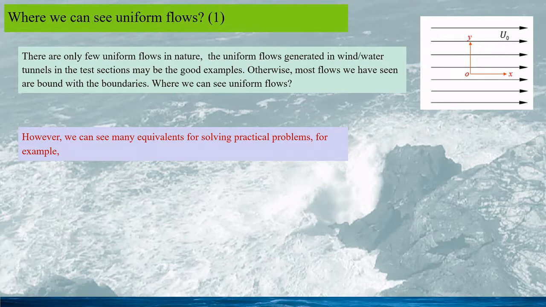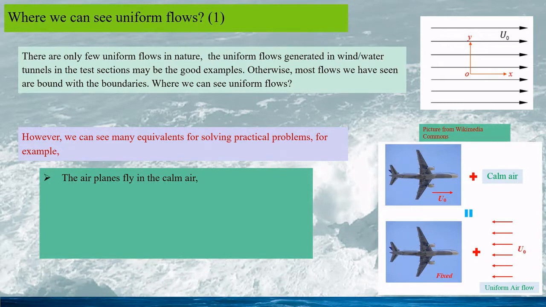For example, the aeroplanes fly in the calm air with the velocity u0. It is equivalent to the plane being fixed and the uniform flow of velocity u0 coming to the airplane.